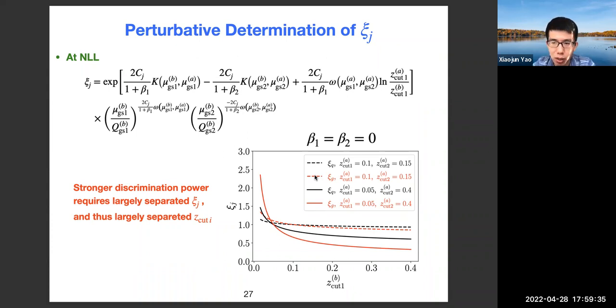Like we want to separate quark from gluons, we want these linear combination coefficients to be different largely. And in practice that means we need to choose the z-cut 1 and the z-cut 2 in the A set to be separated largely, like 0.05 and 0.4, to have largely separated linear combination coefficients. And that, in the end, will translate into a stronger discrimination power to separate the quark and the gluon jets.